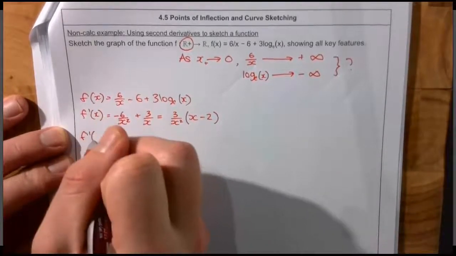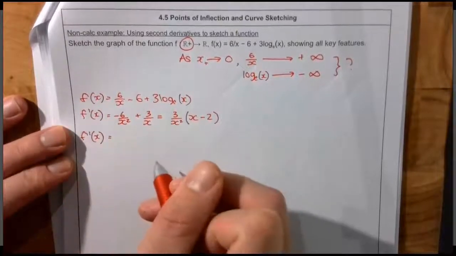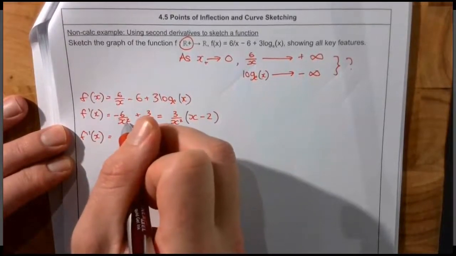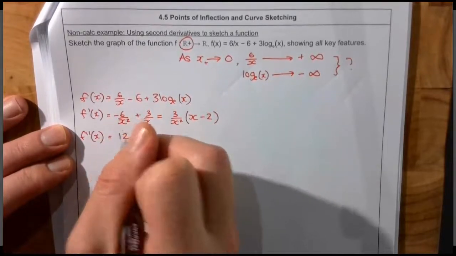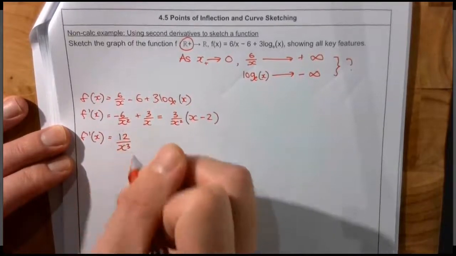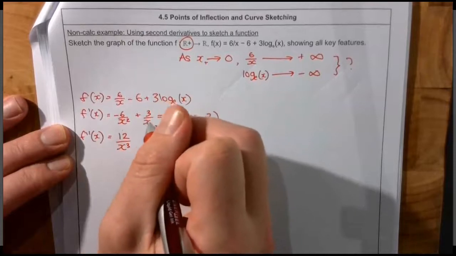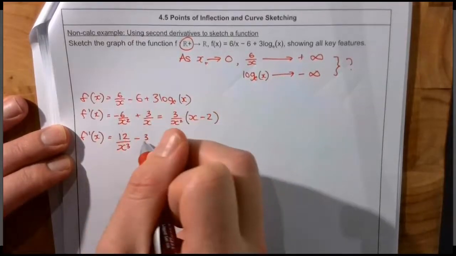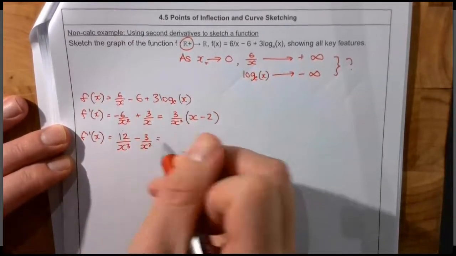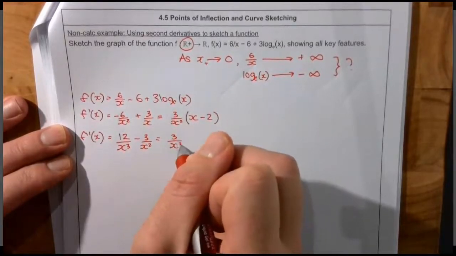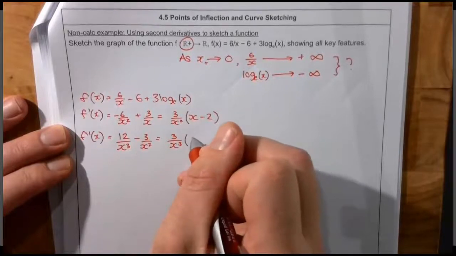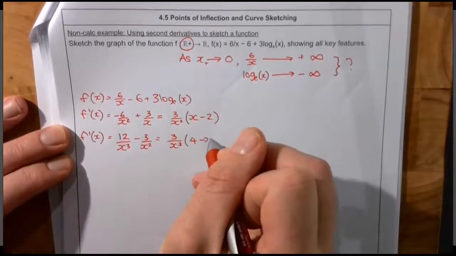But then, before I even start to worry about that too much, I'm going to find the second derivative, multiplying by the power here, which is minus 2, which is going to give me 12, reduce the power by 1, x cubed, multiplied by the power, which is minus 1, reduce the power by 1, x squared, or factorized, 3 over x cubed times 4 minus x.